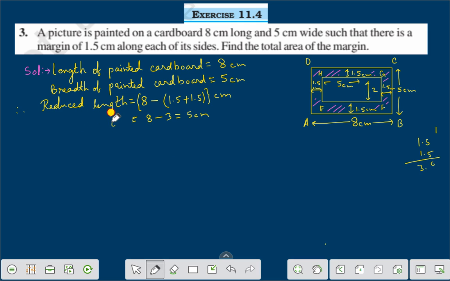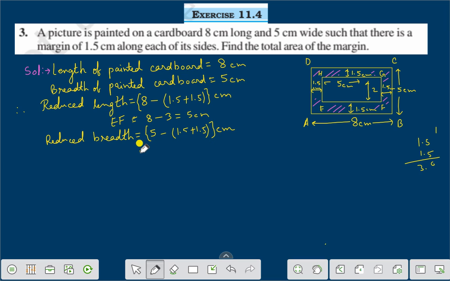The value of EF is equal to 5 centimeter. Right? Now, reduced breadth. Reduced breadth is equal to, this whole length is 5 minus 1.5 plus 1.5. 1.5 plus 1.5 is 3 centimeter.